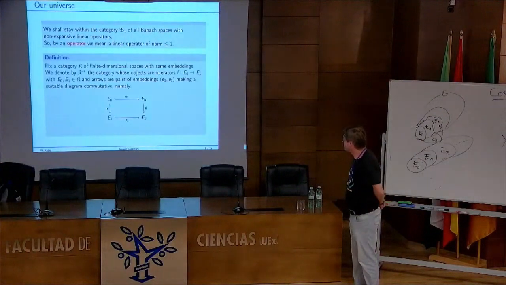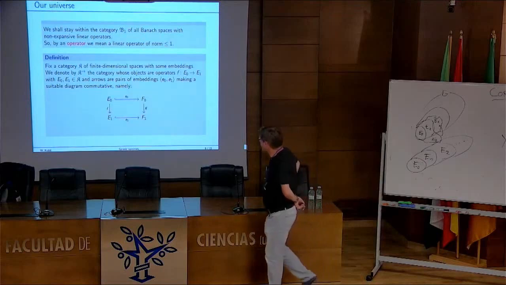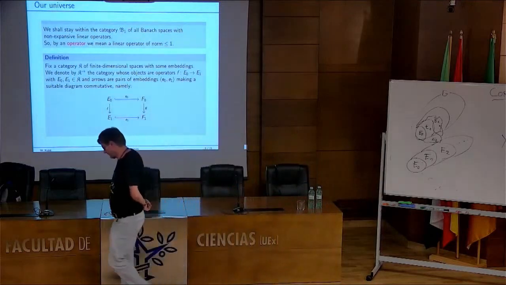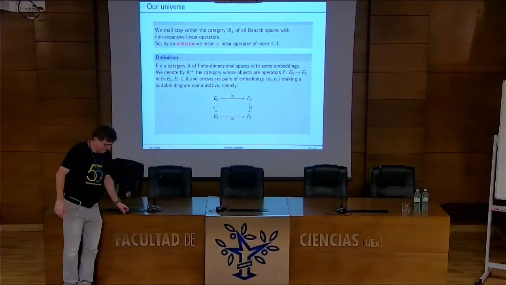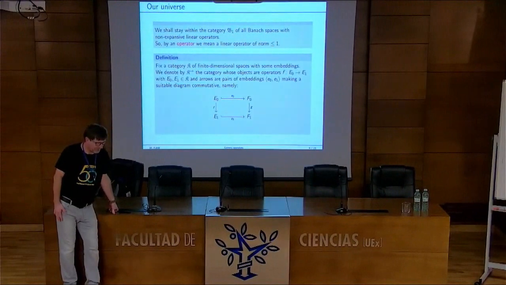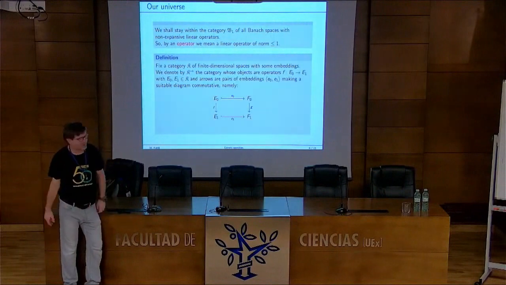Now, there is something which is, of course, not my invention. This is well known from the very beginning of category theory, that category theory is so flexible that you can create from one category another, yet another, etc. Yeah?